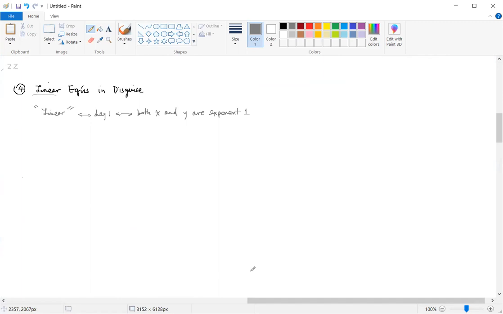Do you guys still know what Pokemon is? So maybe you wear Pikachu's mask, then you pretend to be Pikachu. So you are disguising as Pikachu. So linear equation in disguise means they look like something else, but actually we can still solve them as linear equations.